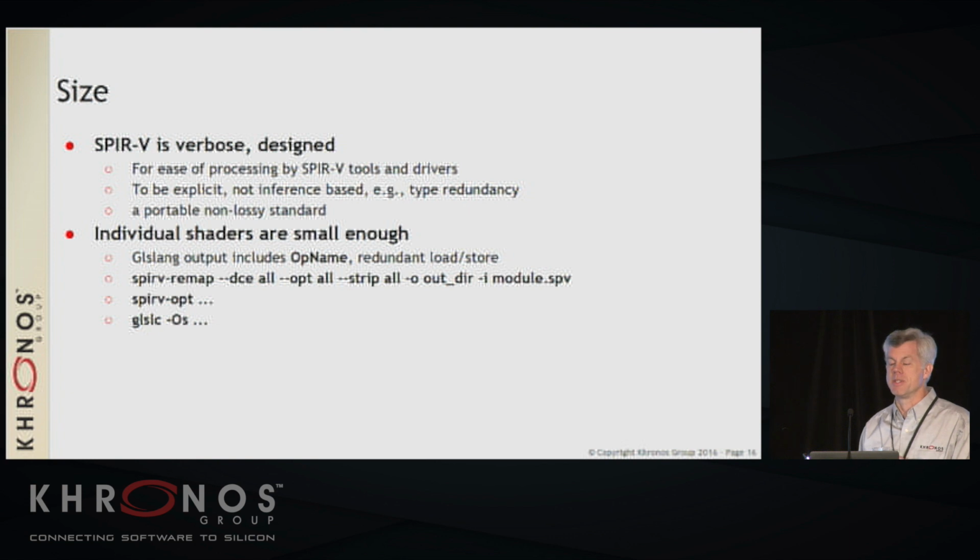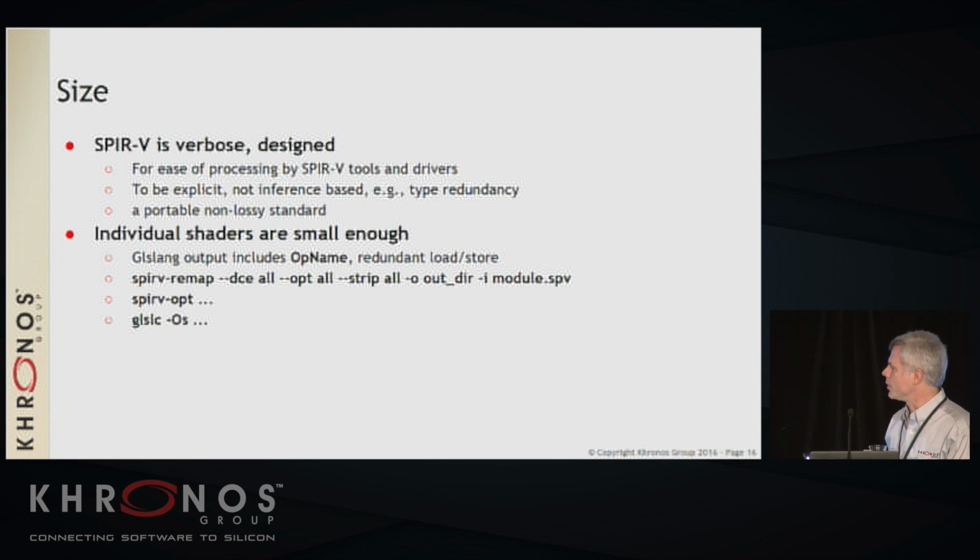So there are some design decisions made, instead of having to infer things or guess what things mean, to be quite explicit about it, and that makes it a little bit bigger, but it also meant that we had very easy parsing in a portable way, so that every driver interprets SPIR-V in exactly the same way.